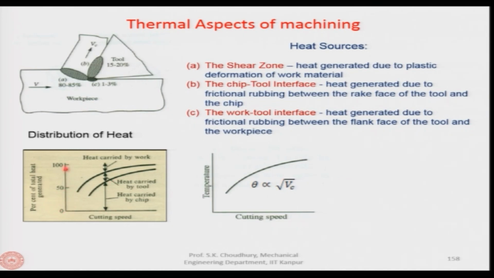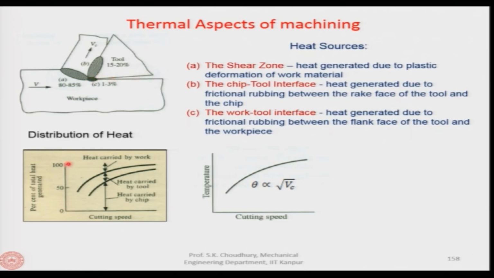Along the y axis we have the percent of total heat generated due to the machining. So, total heat means that this is due to plastic deformation, due to the friction between the chip and the rake face of the tool, and in this zone, that is the flank face and the machined surface.